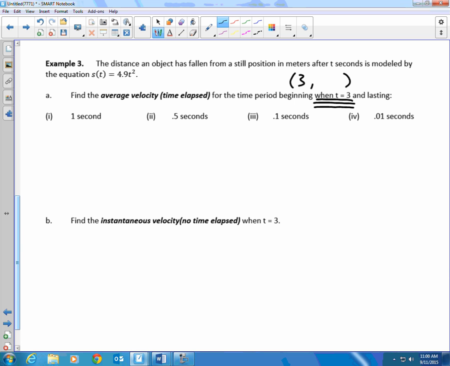How far has it dropped? What do you got? 44.1. Excellent. So this is really our point P.